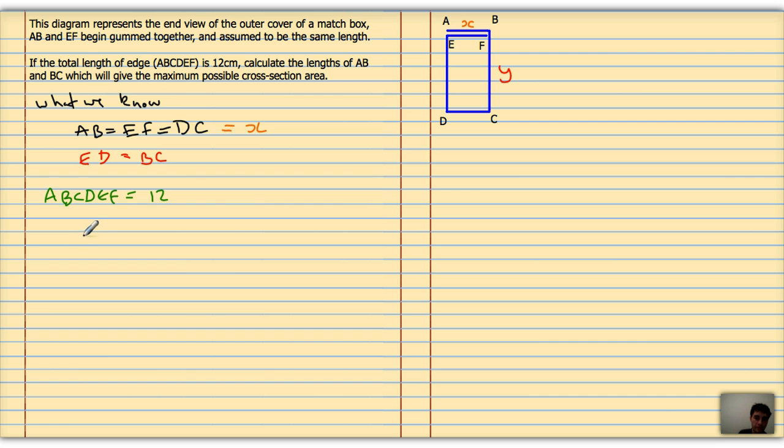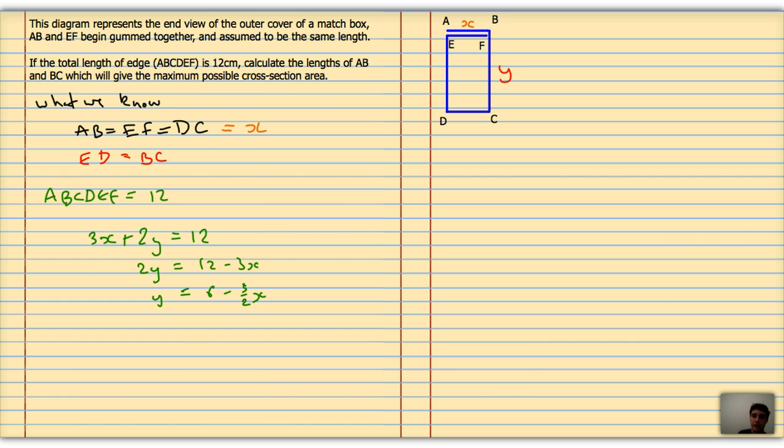So the total length is going to be 3x plus 2y, and we know that's equal to 12. So we can get an expression for y in terms of x. Using basic algebra, 2y equals 12 minus 3x. So y is therefore equal to 6 minus 3 over 2 x.